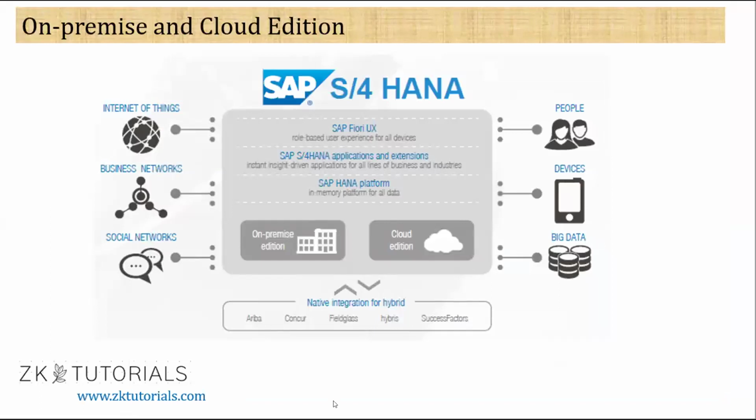With my experience, I would say 80 or 90% of companies are on premise because you have access to SAP GUI. As we discussed in the last session, whenever you are on cloud edition, there will be no access to the SAP GUI, so no access to create a custom report like that.